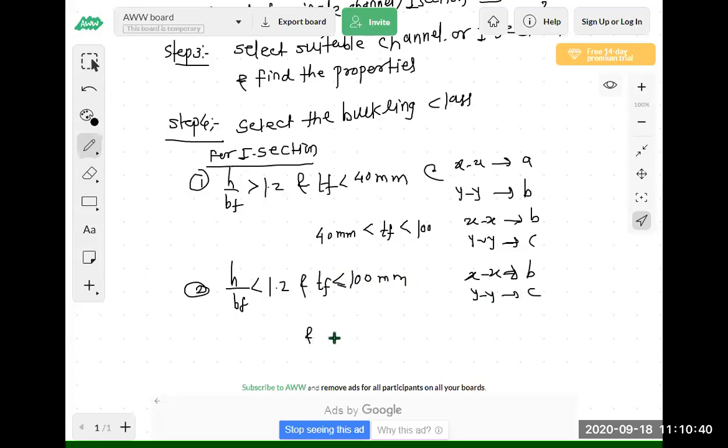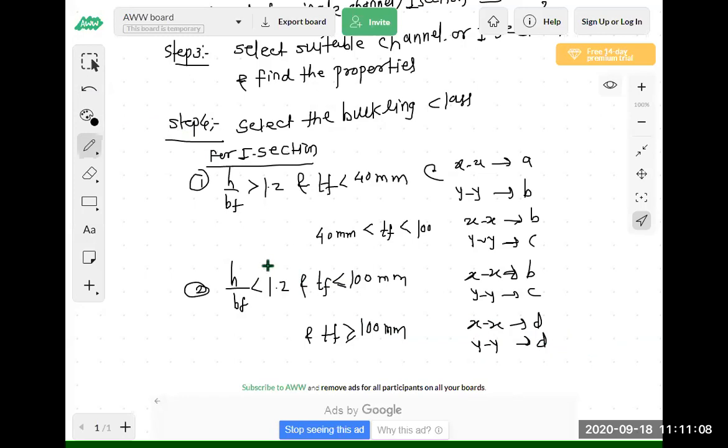Similarly, the second condition, if the thickness of flange is greater than 100 mm, then the buckling class about the XX axis is D, and again about the YY axis also D. Are you getting it?